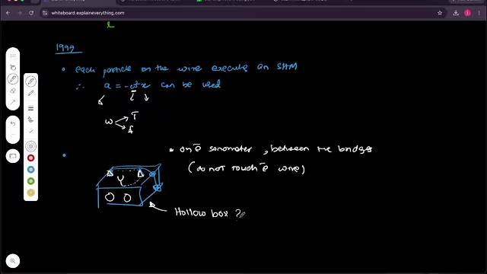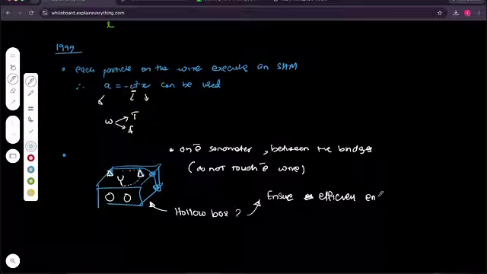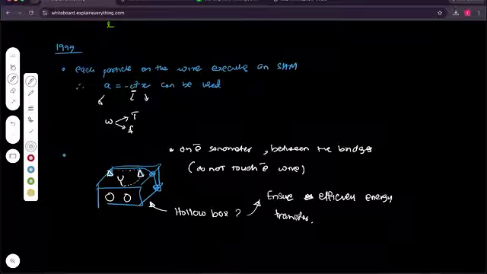Why is it hollow? Once again, to ensure maximum energy transfer, or efficient energy transfer.